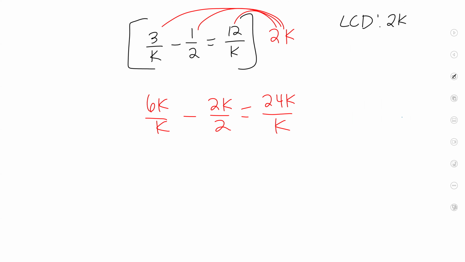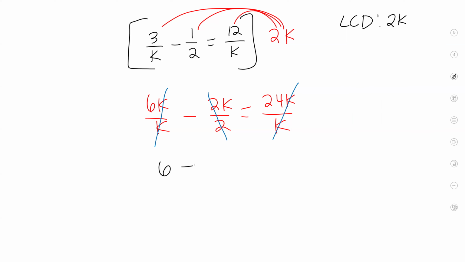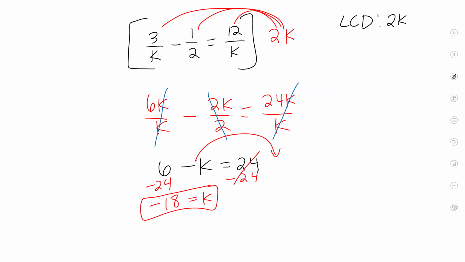The great thing is, most things will cancel out. I'm left with 6 minus k equals 24. Then maybe you can subtract 6 and you get negative 18 and then move this negative k to the other side. So k is equal to negative 18.